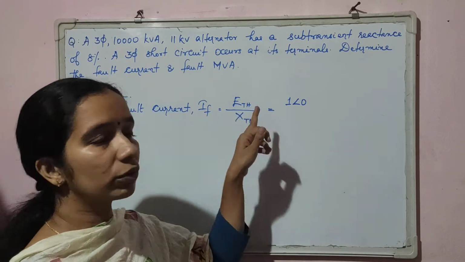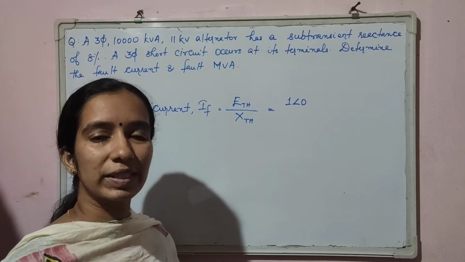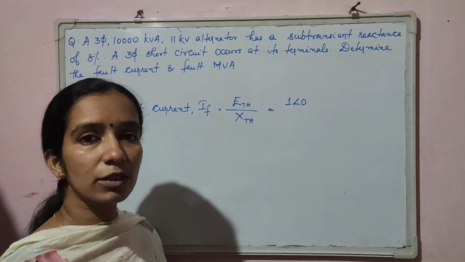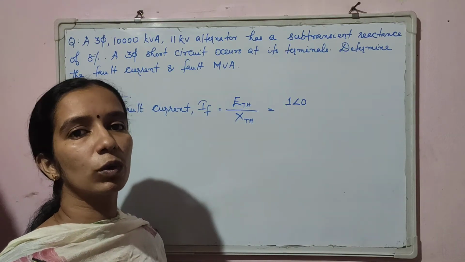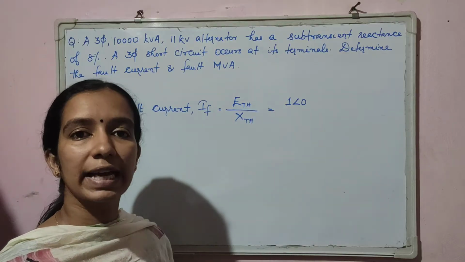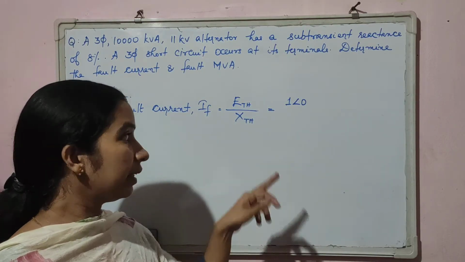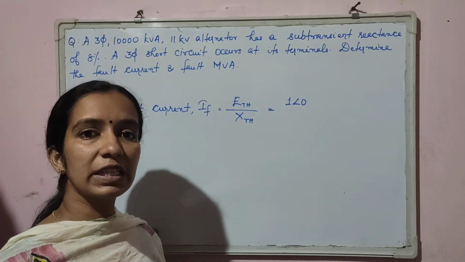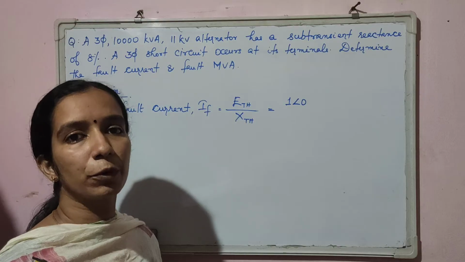If the pre-fault voltage has some other value, it will be specified in the question. If it is not given, we will always assume ETH as 1 angle 0, divided by XTH. XTH is the Thevenin equivalent reactance as seen from the fault point.